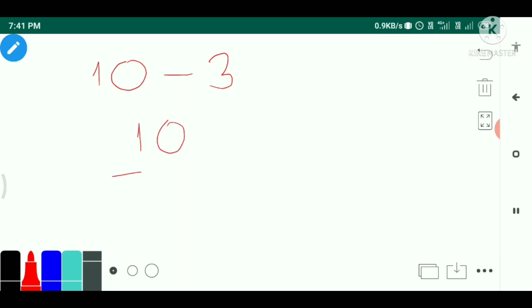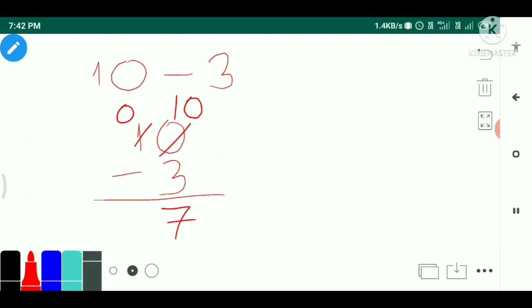Now we'll do subtraction. So 10 minus 3, what will the answer be? See, in the ones place, 0 is there, right? So this 1 will reduce by 1 and become 0, and this 0 will become 10. Now 10 minus 3 is 7.